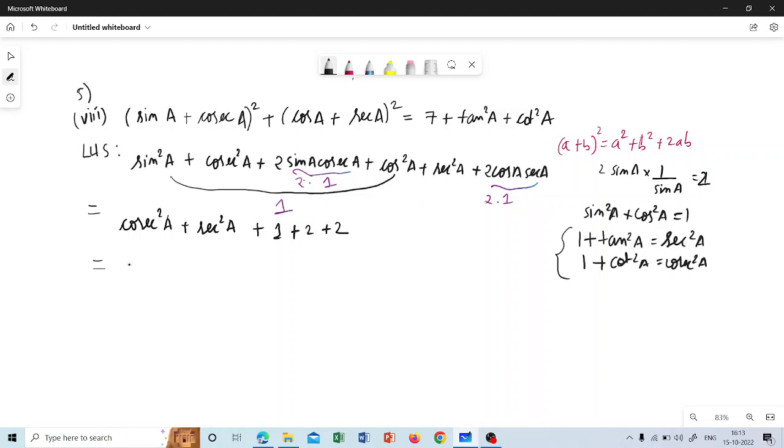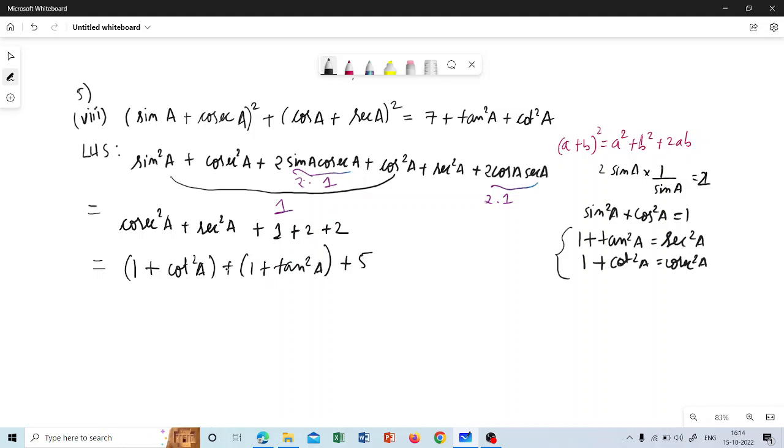Let me substitute it. Cosecant square can be written as 1 plus cot square a, plus 1 plus tan square a, and now plus 5, since 2 plus 2 plus 1 is 5.